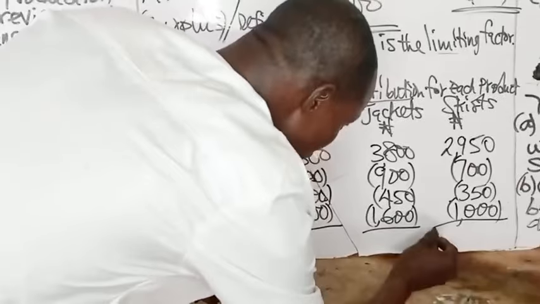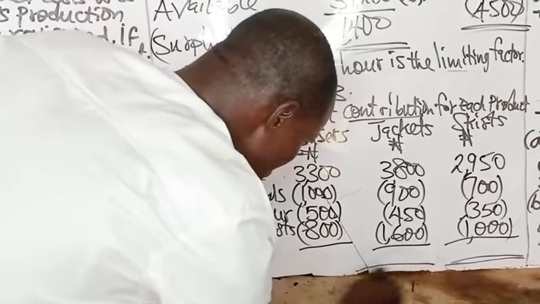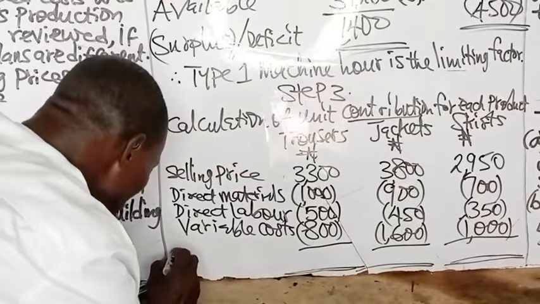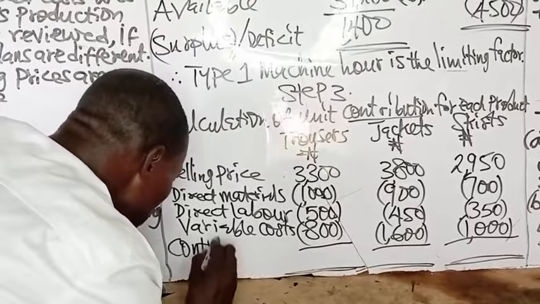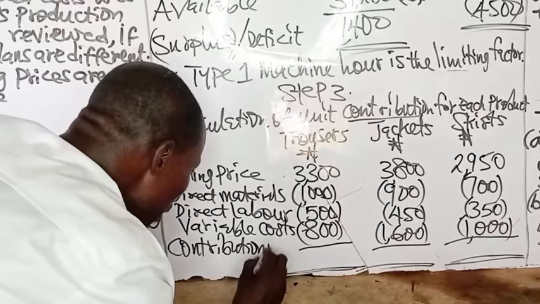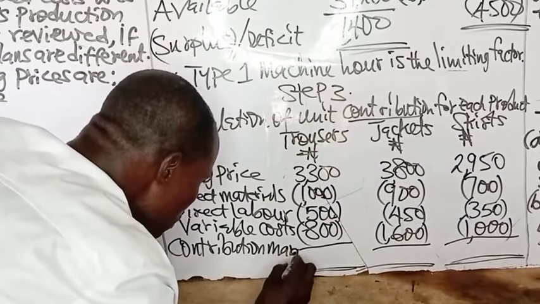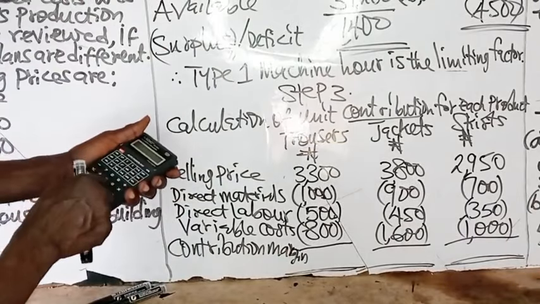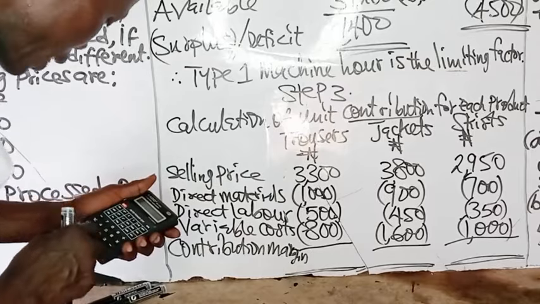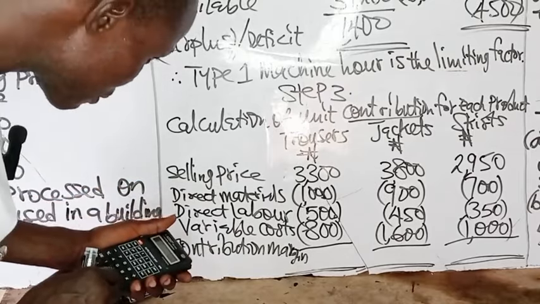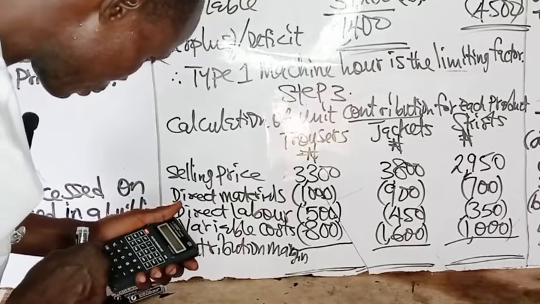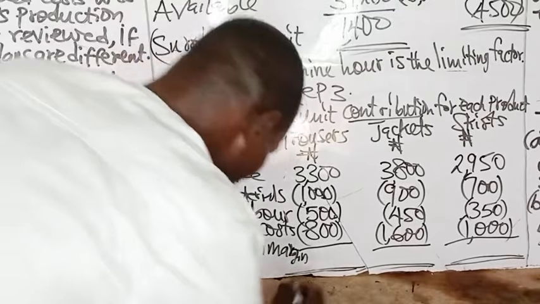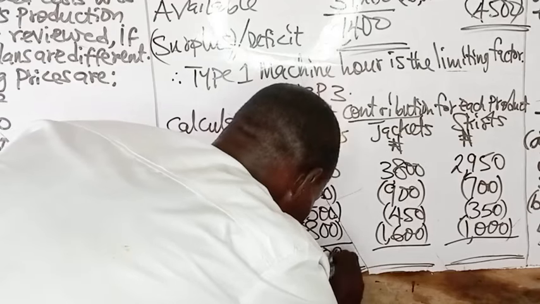So now let's subtract the variable cost to get the contribution margin. 3,300 minus 1,000 minus 500 minus 800, you'll be left with 1,000.